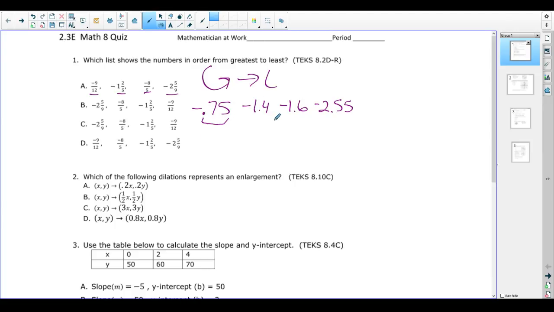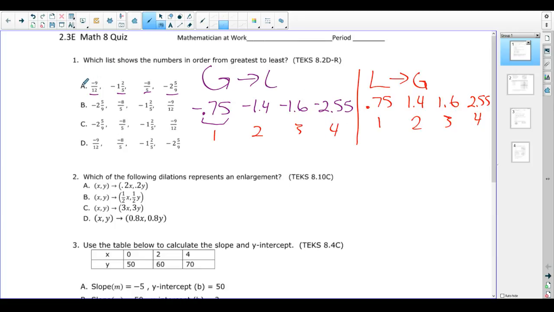If you're still having trouble with that, and this won't work all the time, but it'll work with this one, since all the numbers are negative, we can change this problem around and do everything backwards. 1.4, 1.6, 2.55. Because if you think of it this way, this is pretty easy to order. I know that this is the smallest. Oh, these are actually in order already, right? They're in order, so the answer is A.